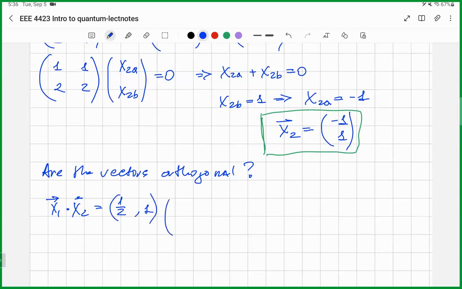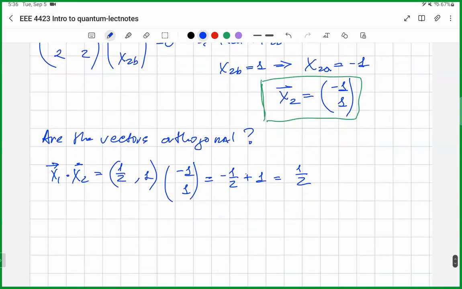The second as a column, -1 and 1. Right? 1/2 times -1 gives us -1/2. Plus 1 times 1 gives us 1. So the answer is 1/2. So the vectors are not orthogonal. Not orthogonal.